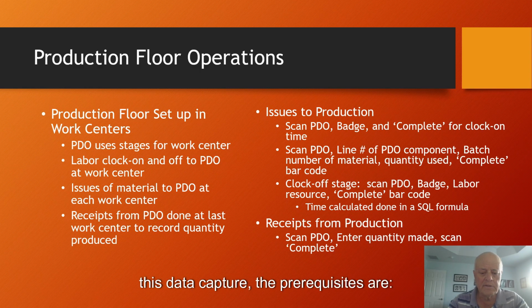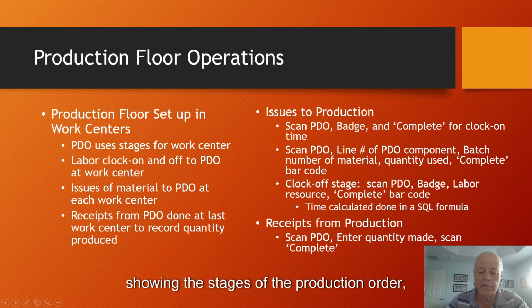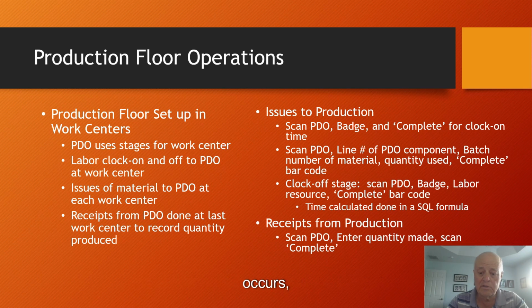To accomplish this data capture, the prerequisites are: number one, a barcoded production order form showing the stages of the production order, the items that need to be manually relieved from inventory as manufacturing occurs, at least a partial list of batch numbers so that we can know what batch numbers to issue against the production order, and a resource barcoded operations so that we can record the labor.